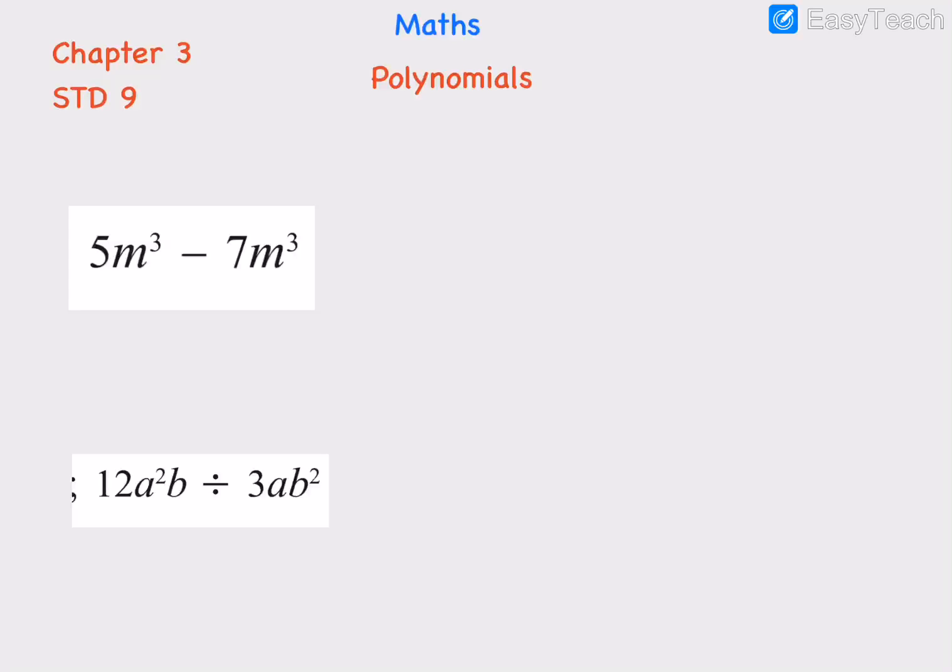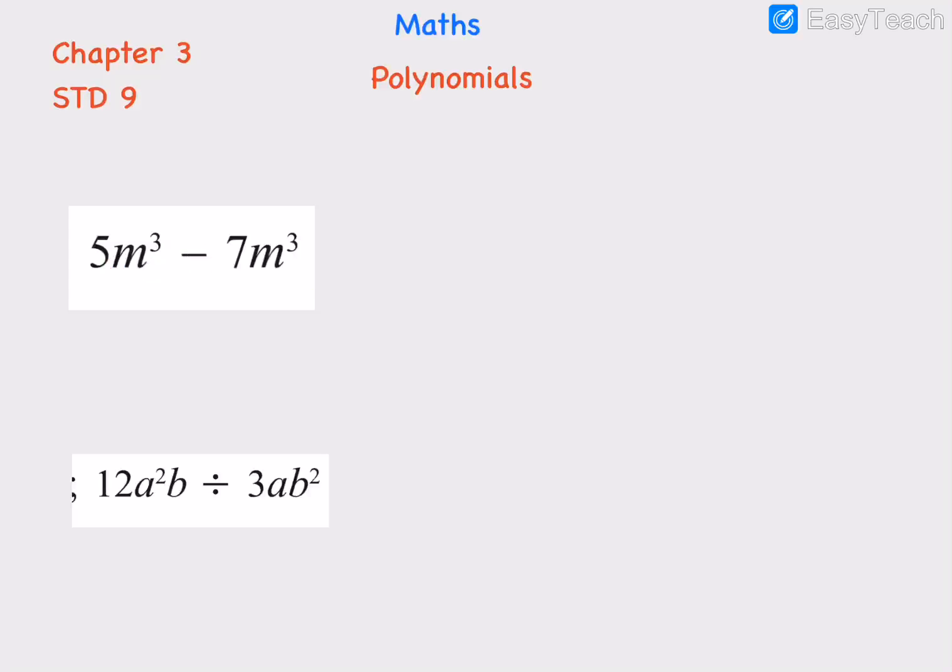So you know how to add and subtract algebraic expressions. Here two algebraic expressions are given, 5m cube and minus 7m cube. They are like algebraic terms, since m cube is the variable in both terms.